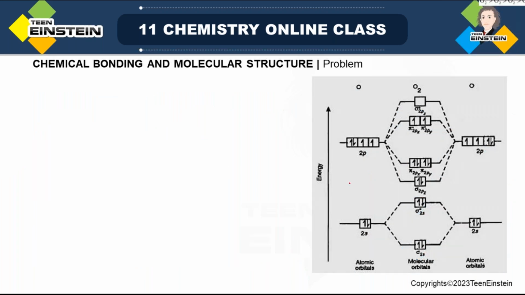Now for O2 minus, what will happen? 1 electron will be extra in anti-bonding. So if you want to calculate bond order, it should be half 6 minus 3, because there are a total of 3 electrons in anti-bonding, and you will get 1.5. I am talking about O2 minus.